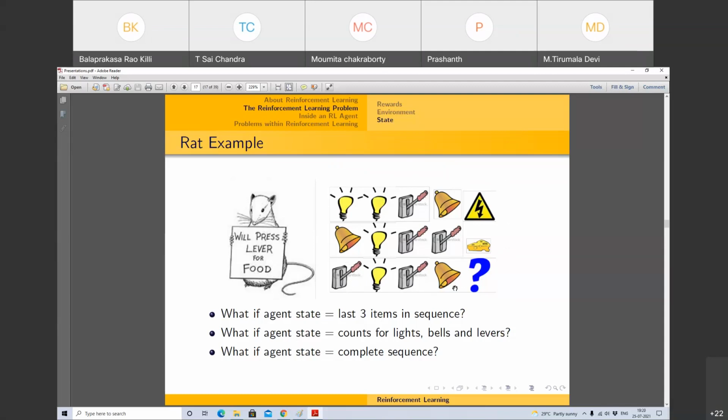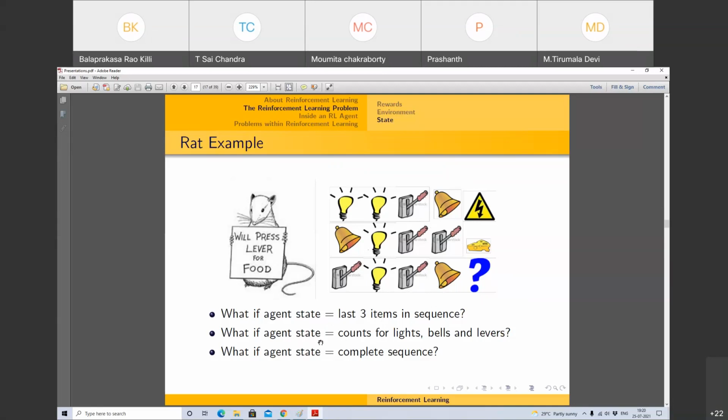How to determine what it will get? Based on state. Let us say first you see what is the agent state: the last 3 items in the sequence. If this is your state, then it will get a shock.